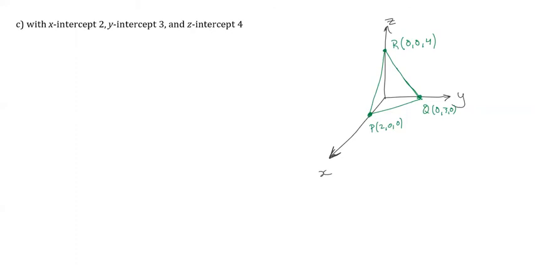So I'll choose P. And I will choose PR for my first one. And what's the trick here? Subtract backwards. Because these happen to be intercepts, this happens to be really easy. So it's 0 minus 2, 0 minus 0, and 4 minus 0.